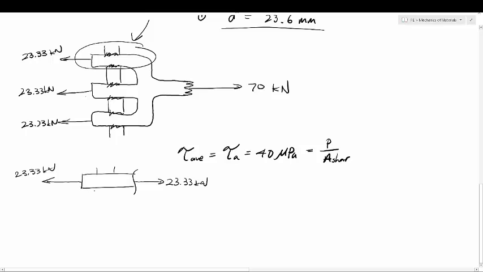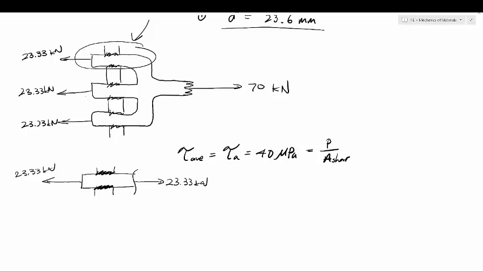And the bolt is just coming through here, so the shear area is going to be, again, twice the cross-sectional area of the bolt. So again, this is another example of double shear. It's shearing in 2 places.